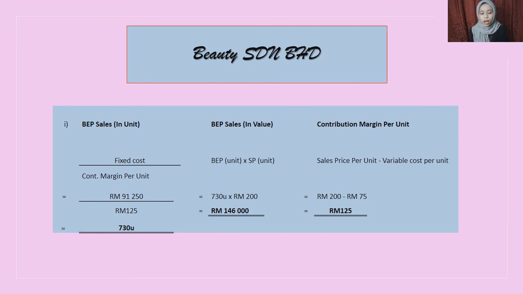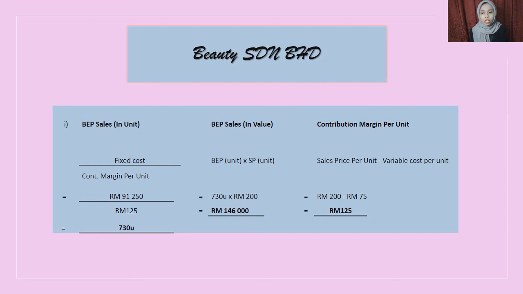The next step, we can do the BEP sales in units. The formula for BEP sales in units is fixed cost divided by the contribution margin per unit.